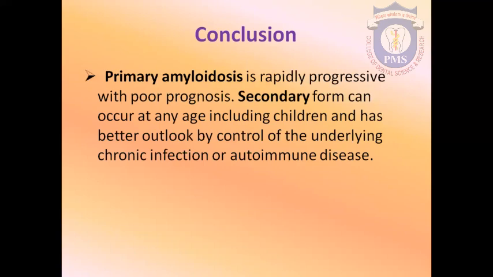Primary amyloidosis is rapidly progressive with poor prognosis. Secondary form can occur at any age, including children, and has better outlook by control of underlying chronic infection or autoimmune disease.